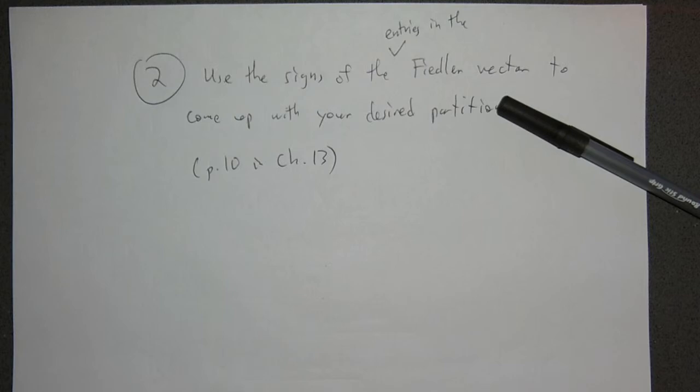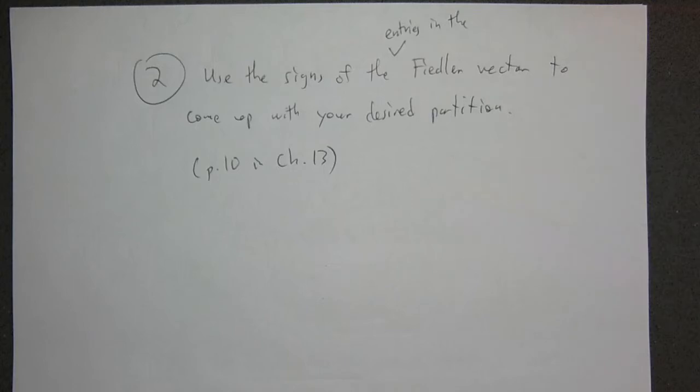If I were to multiply that eigenvector by minus 10, my first, third, and sixth entries become negative and the others become positive. But the point is that they still have like sign. So looking at that vector, I have negative entries and positive entries. What is the idea here? I say use the signs to come up with my desired partition.